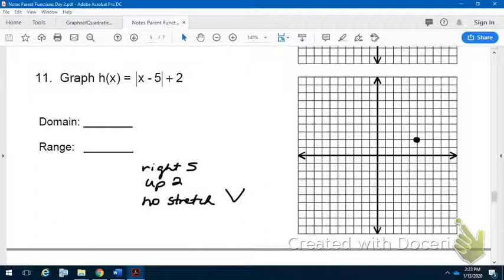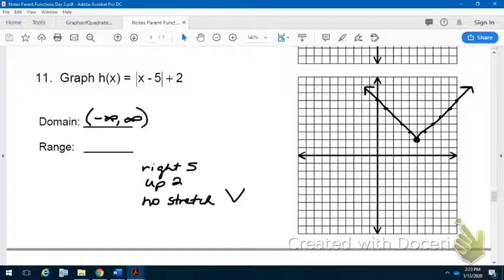And with these, if there's no stretch, you can put a dot at every intersection, every place those grids cross each other. And you can sketch in then your absolute value function that's shaped like a V. So this domain, again, for absolute value, it's the same as quadratics.